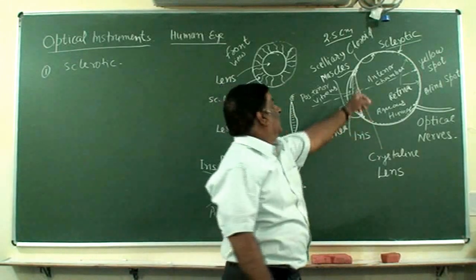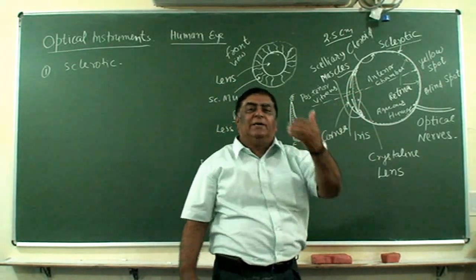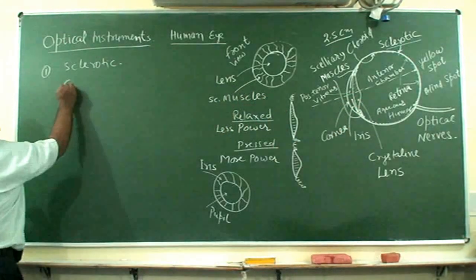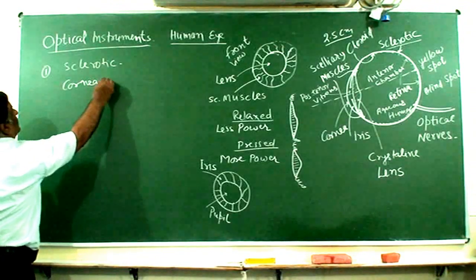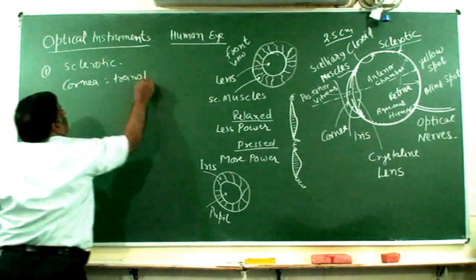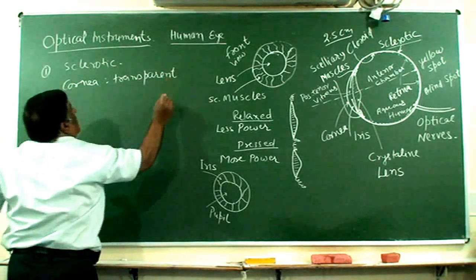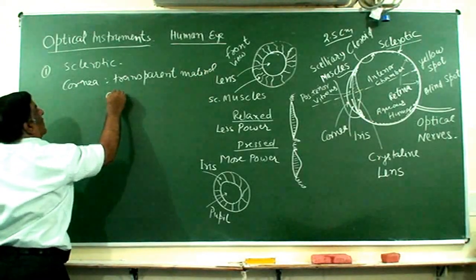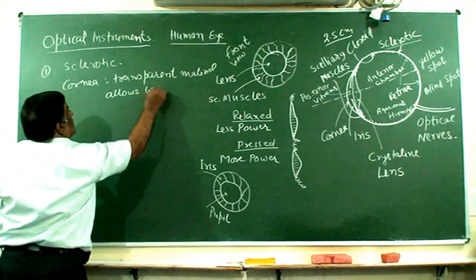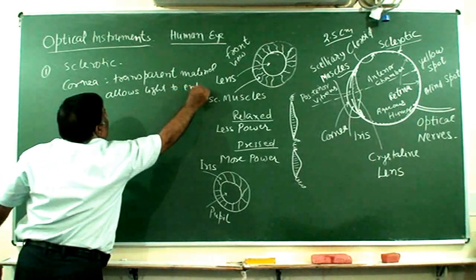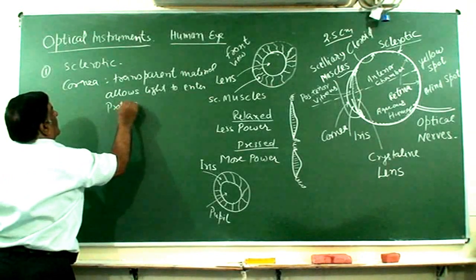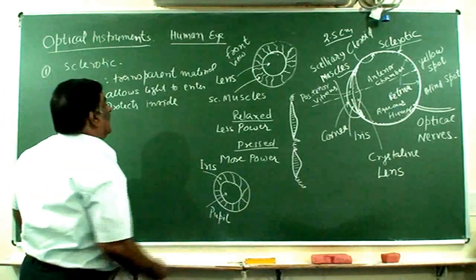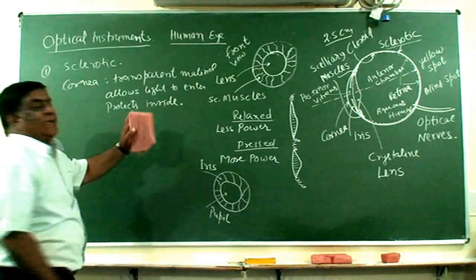This transparent skin, just below our eyelids, allows light to enter and protects whatever features are inside.